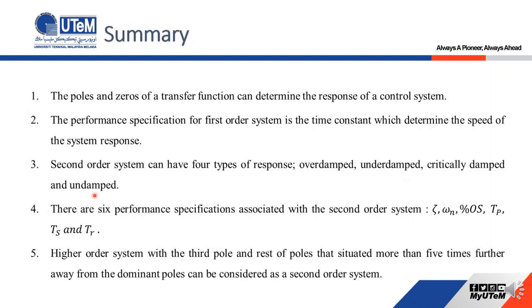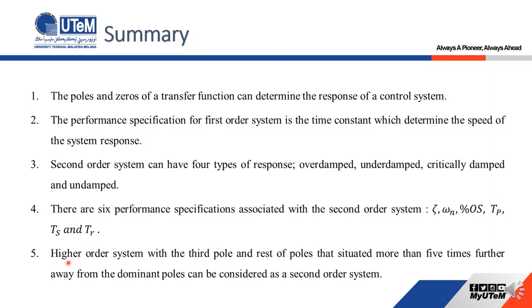Next, there are 6 performance specifications associated with the second order system: damping ratio zeta, natural frequency omega n, percentage of overshoot, peak time Tp, settling time Ts, and rise time Tr.